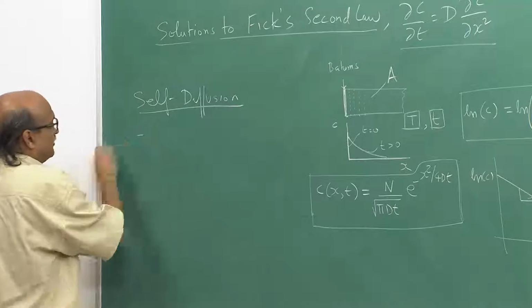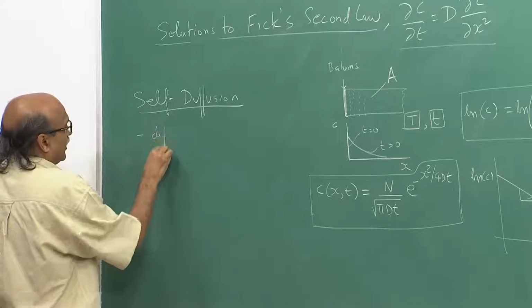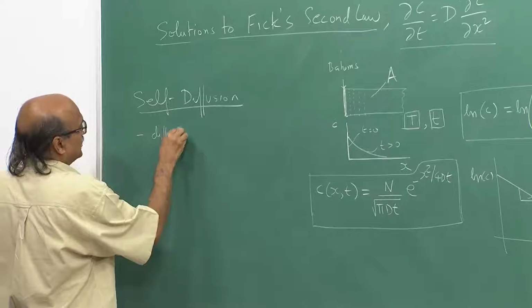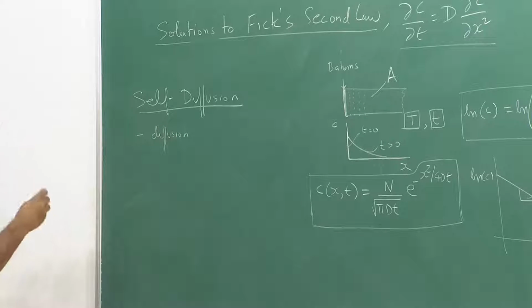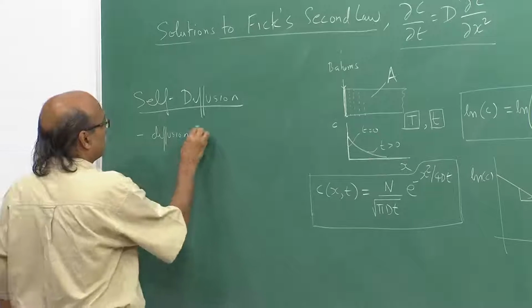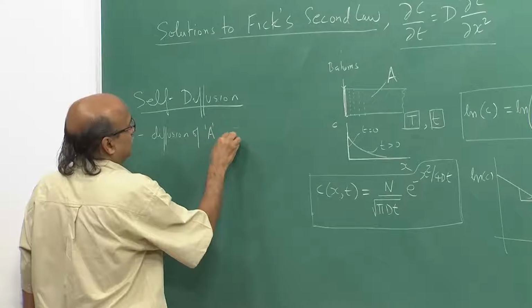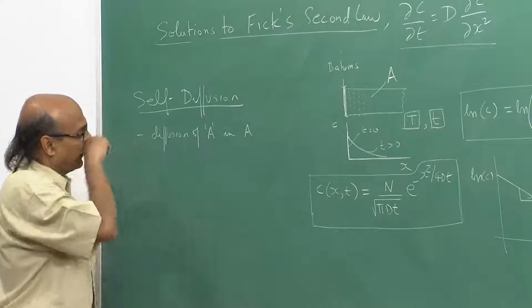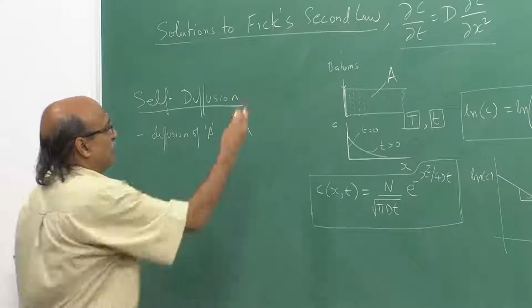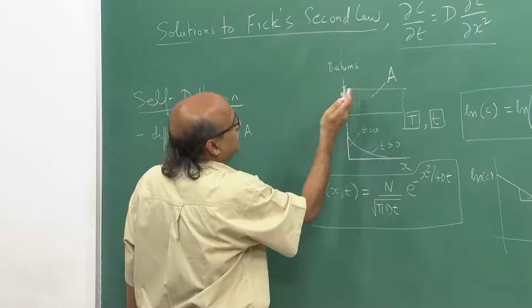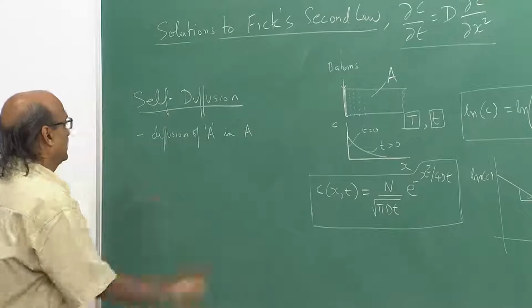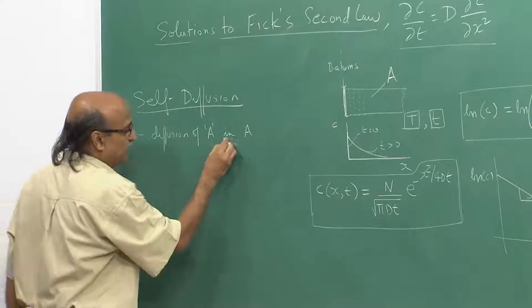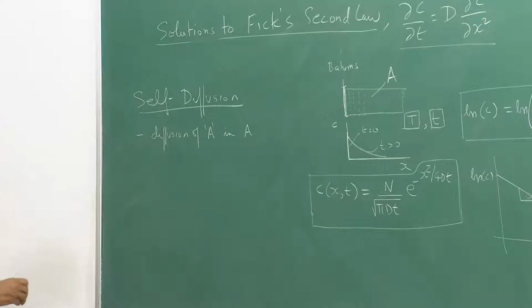Well, it is simply, if I have A atoms, I want to find out how fast A atoms diffuse in A atoms. So, diffusion of A in A. Here so far we have been looking at diffusion of B in A. Here I am saying diffusion of A atoms in the structure of A.